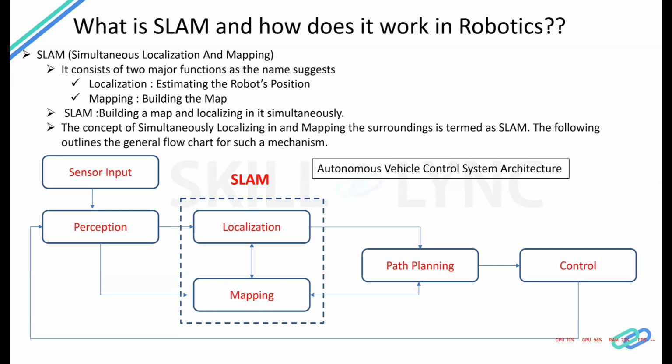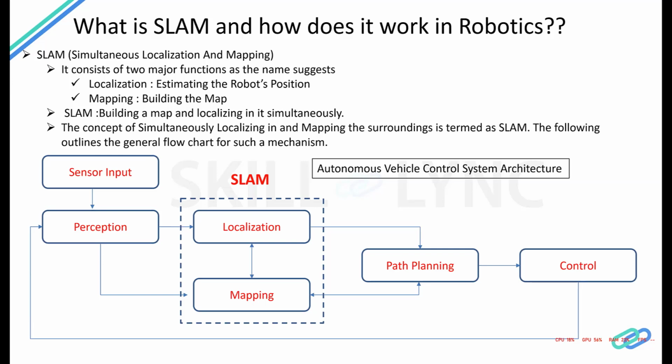That is the main function of localization. So what happens in a SLAM algorithm is that it will perceive the environment based on the sensor, and it will localize you onto the map based on that same sensor information. There are a number of ways to do the localization and mapping function, but we'll talk about it briefly in the upcoming slides.